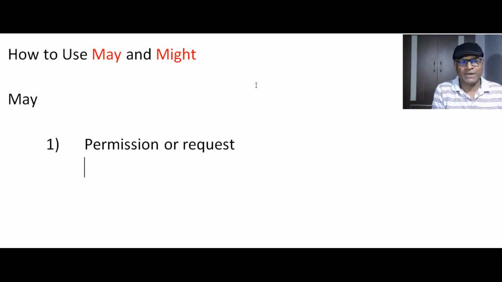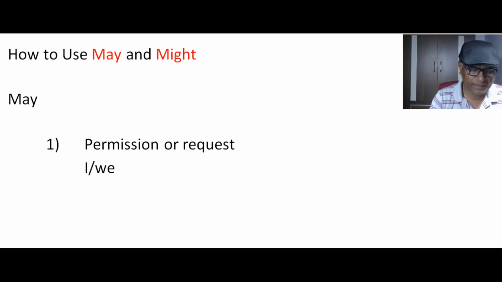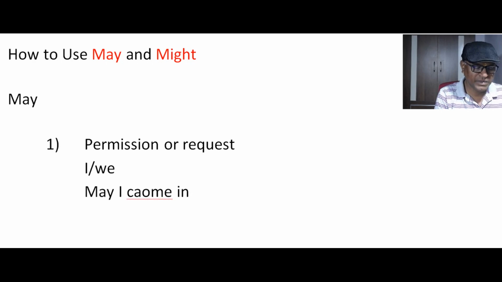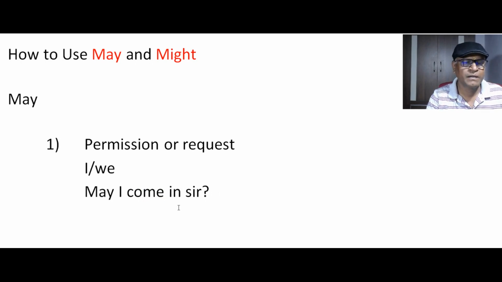But remember one thing, we use first person with that, I or we, for making a request. Like if I say, May I come in, sir? May I come in, sir?